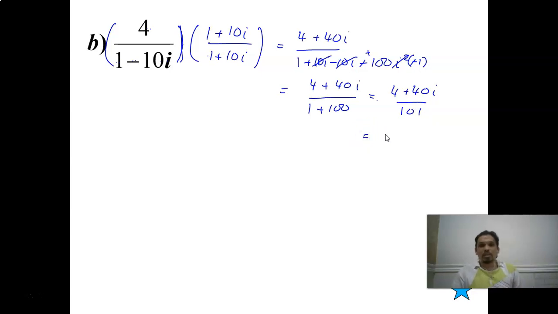And we simplify this in the form of a plus bi. So it comes out with 4 over 101 plus 40 over 101i. There you go, a plus bi.